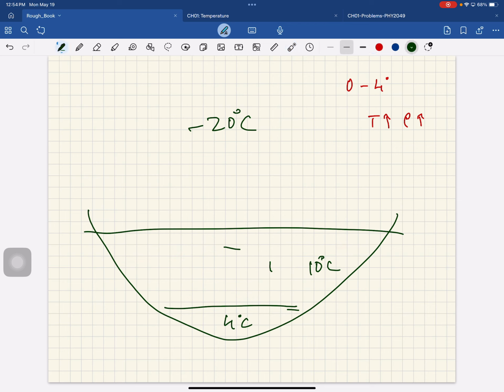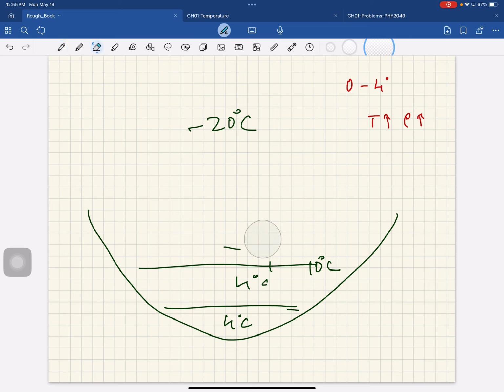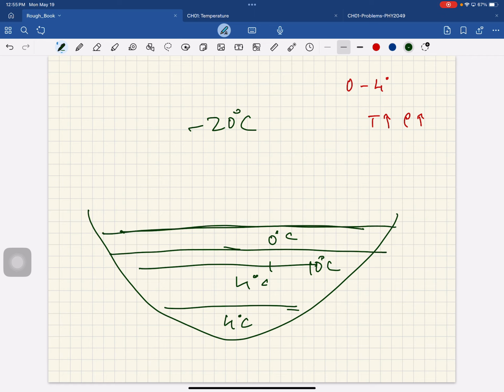So all this is 4 degrees Celsius. This top layer is 2 degrees Celsius. It'll cool down further. It'll become 0 degrees Celsius. It'll freeze. And ice is less dense than water, so it won't sink.